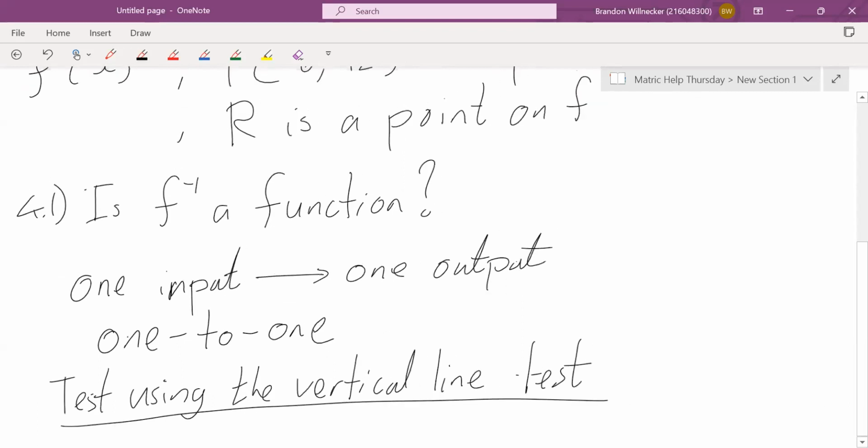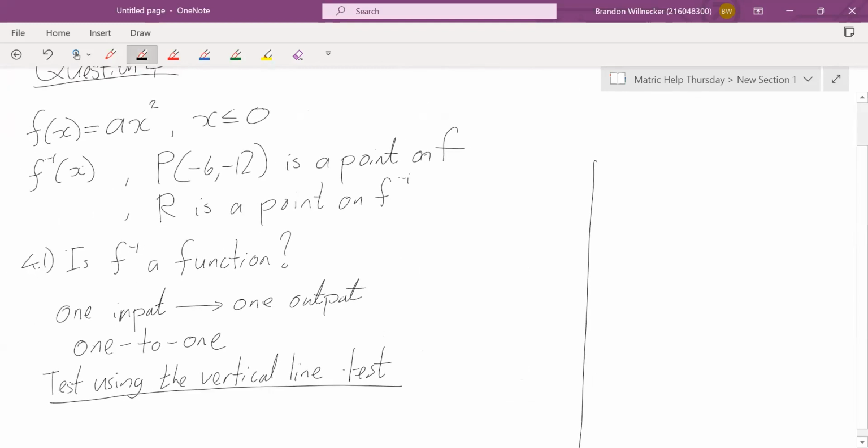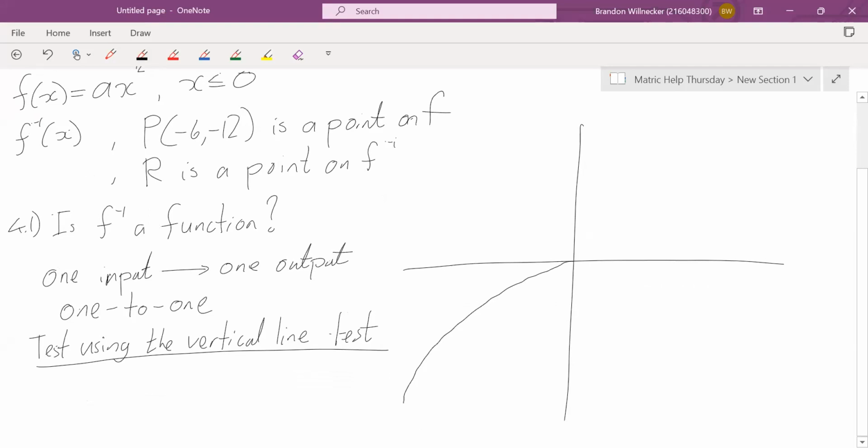Okay, so let's just draw what this looks like here. Okay, so we've got this parabola, but it's only drawn for the left-hand side. And this picture here shows it as a negative parabola like that, sad face parabola. Okay, we also have f inverse. Let's just draw that in a different color. It looks like this.